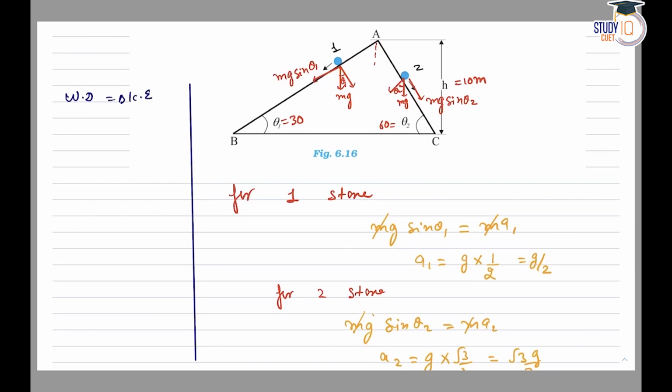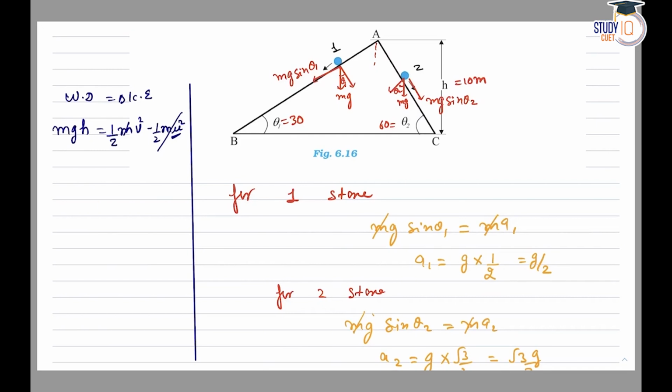Work done by gravity is equal to mgh, where h is the vertical height, which is equal to the change in kinetic energy, final minus initial: half m v square minus half m u square. As the particle starts from rest, the value of u is 0.